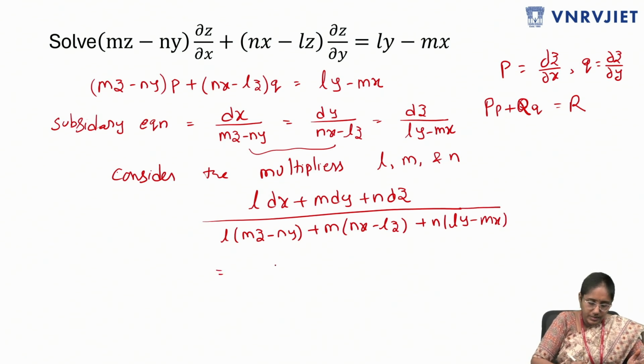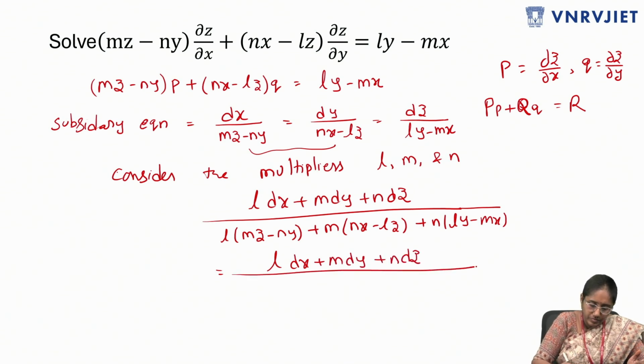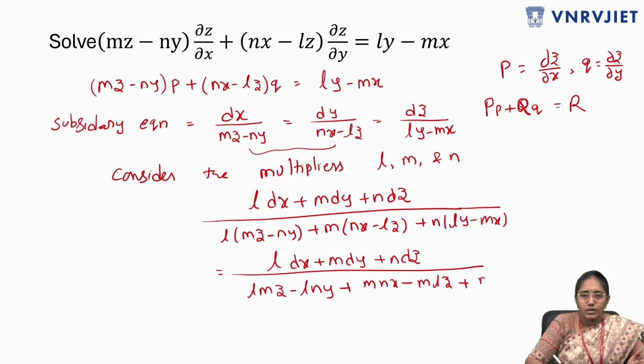Just simplified. Lx dx plus m dy plus n dz, l m z minus l n y plus m n x minus m l z plus n l y minus n m x.